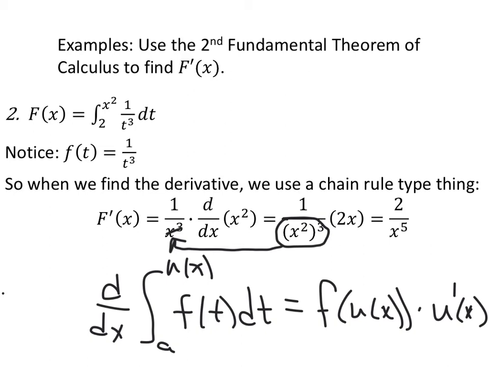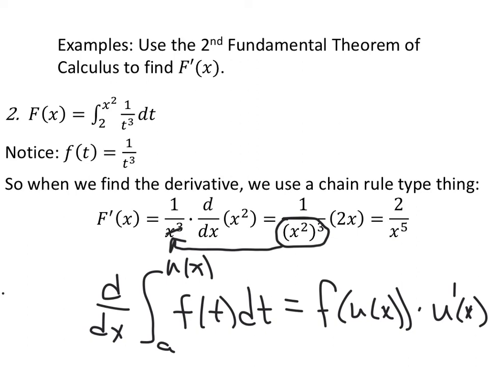Boy, I must be tired this weekend. I'm doing too many videos in a row. 1 over t cubed, well, in this case, I input x squared. So that's x squared cubed times the derivative of x squared, the derivative of my variable limit. So that's 1 over x to the 6th times 2x. The x from the 2x and an x from the x to the 6th simplify and give me 2 over x to the 5th. Wow, horrible drawing there.